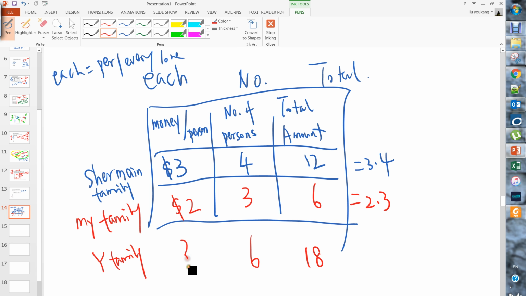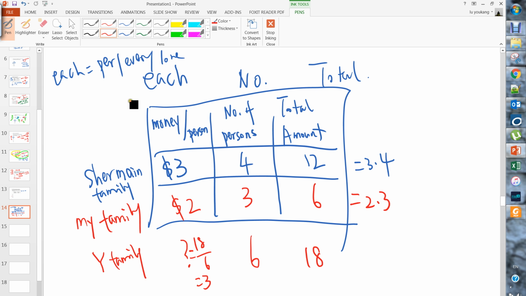How do you get this? 3. How do you get it? 18 divided by 6. Very good. So that means it's 18 divided by 6, which is 3. So for each column here, you know the relationship, right? 12 is equal to 3 times 4, right? 3 is equal to 12 divided by 4, right?